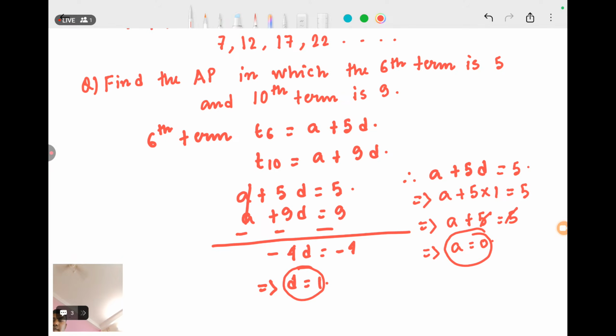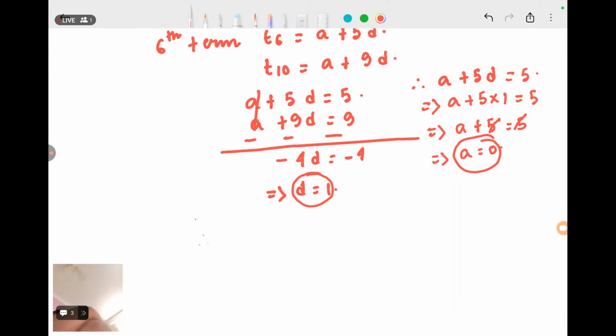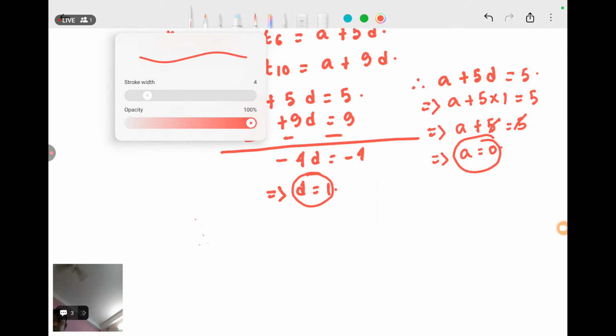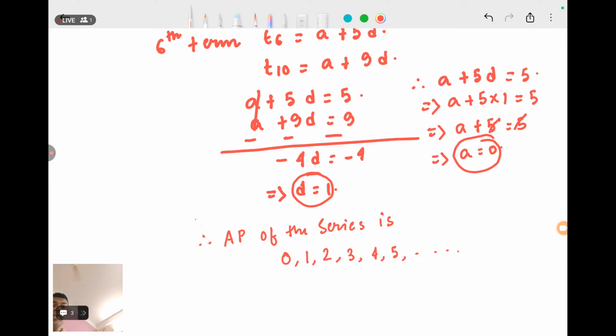So we have got the first term as 0 and common difference is 1. Therefore, we can say that the AP, arithmetic progression of the series, is 0, 1, 2, 3, 4, 5 and so on.